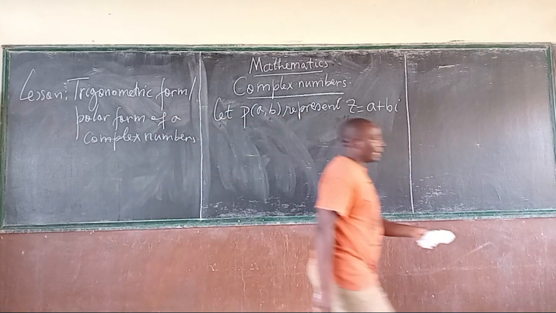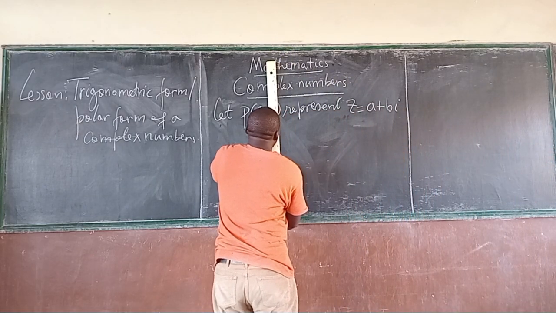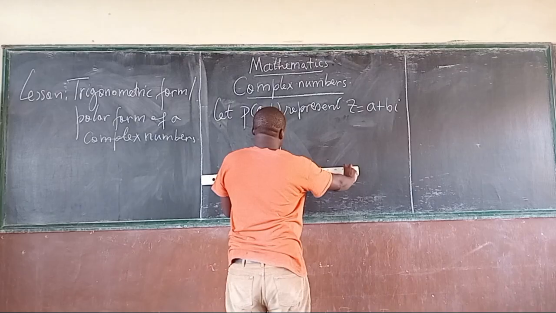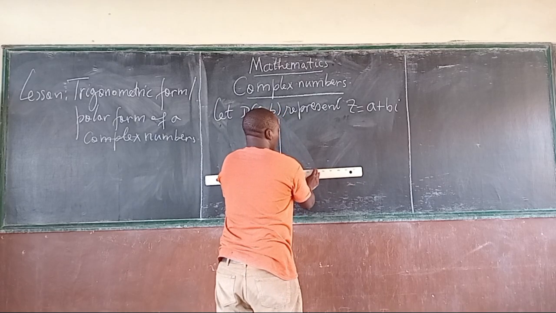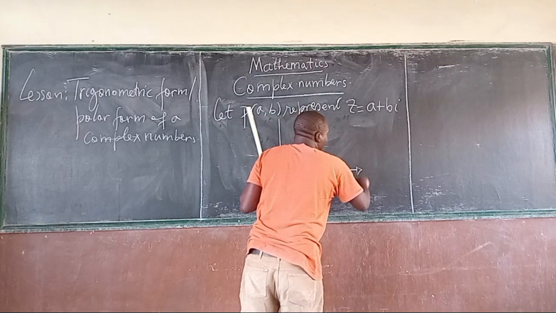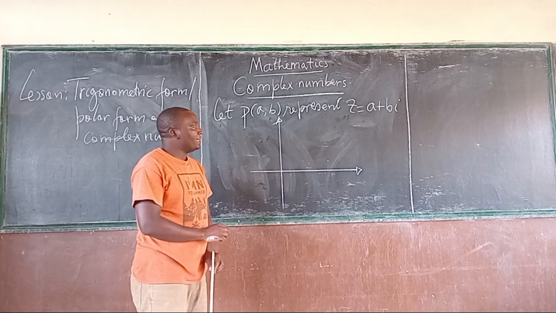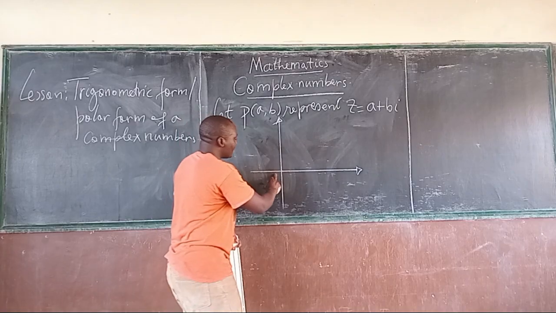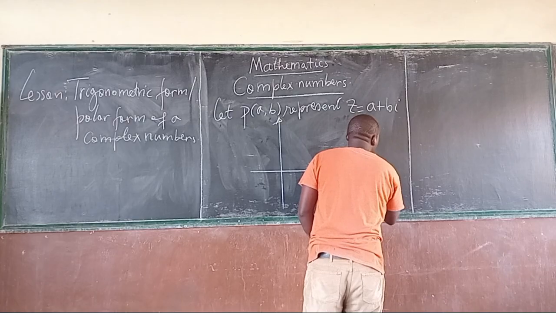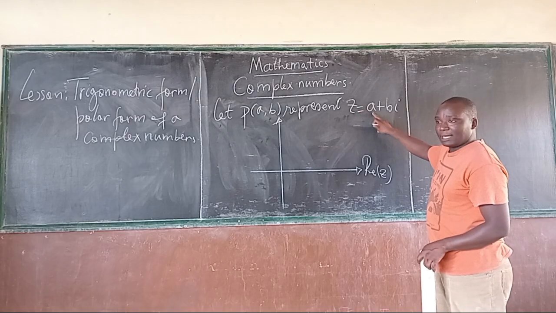As you see, I can use a ruler for drawing. Now, teachers, I'm going to represent my complex number z equal to a positive bi on an Argand diagram. On the x-axis I put the real part of my given complex number z, which is a.